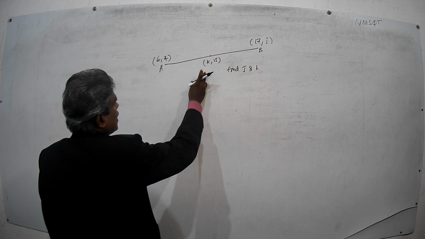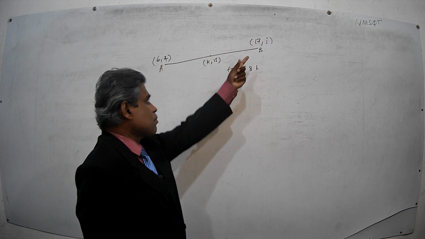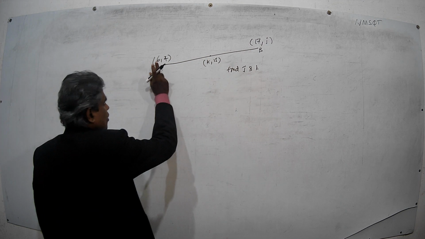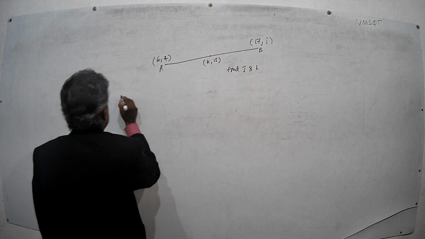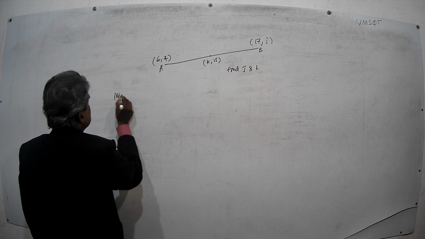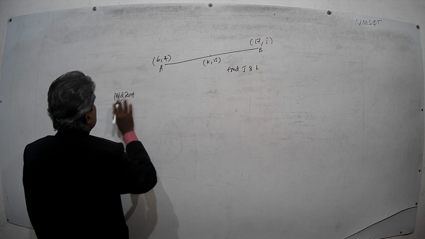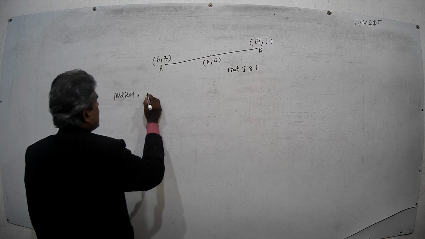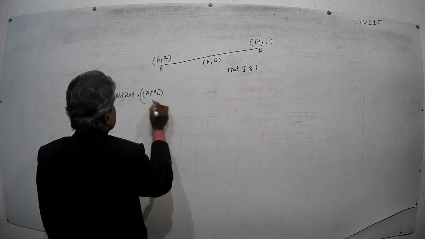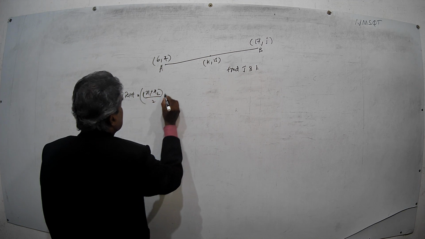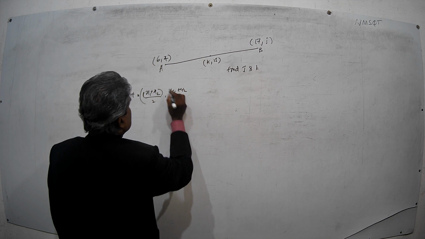You get the X coordinate of the midpoint of the straight line segment AB as the X coordinate of A plus the X coordinate of B, divided by 2. You know the midpoint formula. Midpoint equals (X1 plus X2 divided by 2, Y1 plus Y2 divided by 2), right?